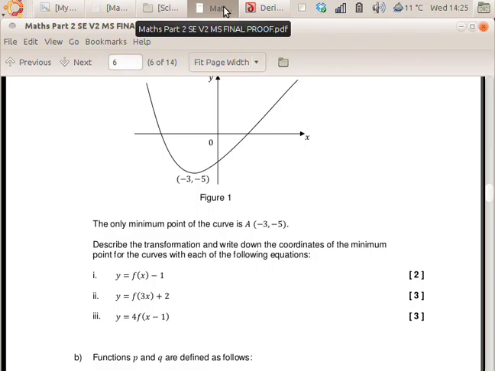Alright, now okay, so I won't bother writing the sentences down for that. The calculation part. So the first, well, sure, we can probably do it in our heads. So the first one, if I move it down 1 unit, what would the point become? -3, -6. Yeah. The second one, when I compress it 3 times, what happens? It becomes -1, -5.